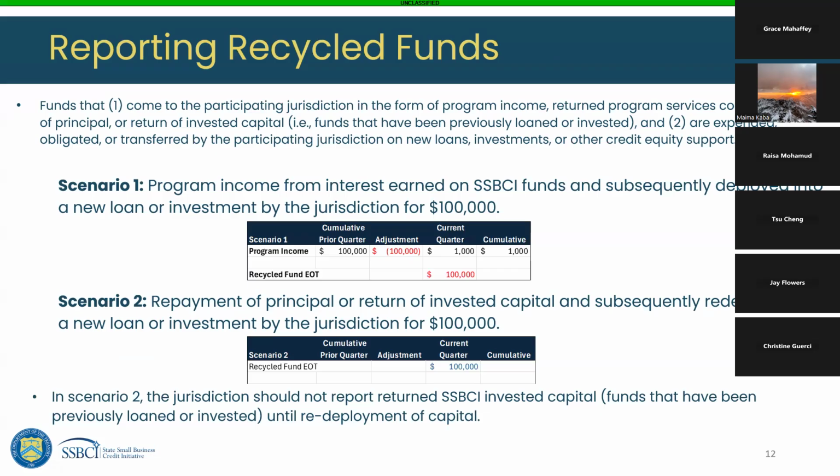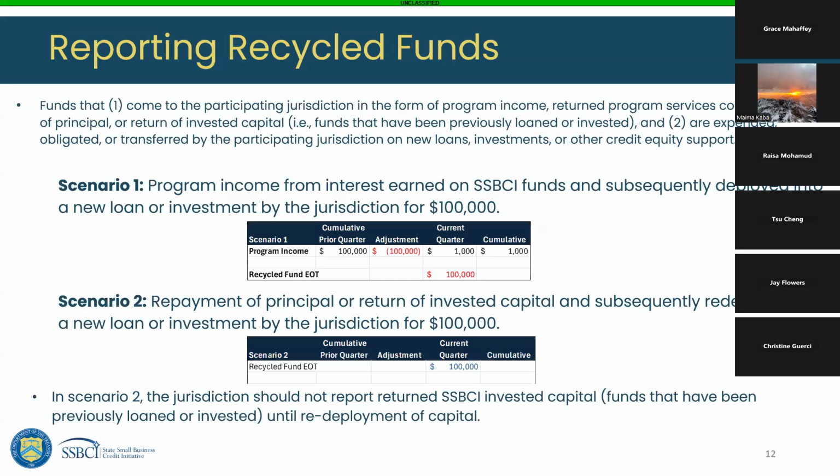It would be an adjustment because the jurisdiction initially reported the $100,000 as program income, and this $100,000 is now being reduced via an adjustment. The $100,000 deployment into a new loan, also known as recycling, will be reported under recycled funds EOT under the current quarter. So that's how you report program income that you're utilizing to deploy into new loans.